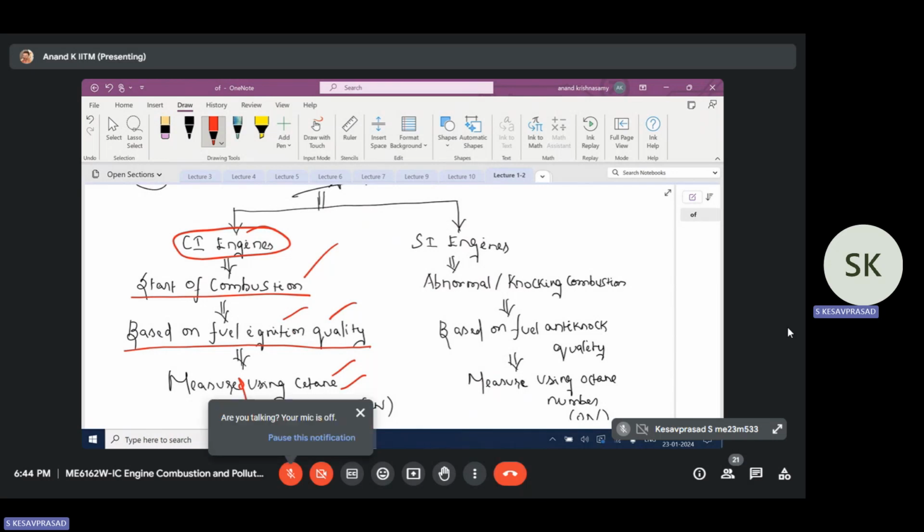Unburned hydrocarbons. After burning will happen, sir. After burning, unburned will be part of that, but there is another bigger problem. Knocking, sir. Excessive temperature rise. Knocking. Misfire. Misfire, yes. If it is too long, the cycle may misfire, as you rightly said.